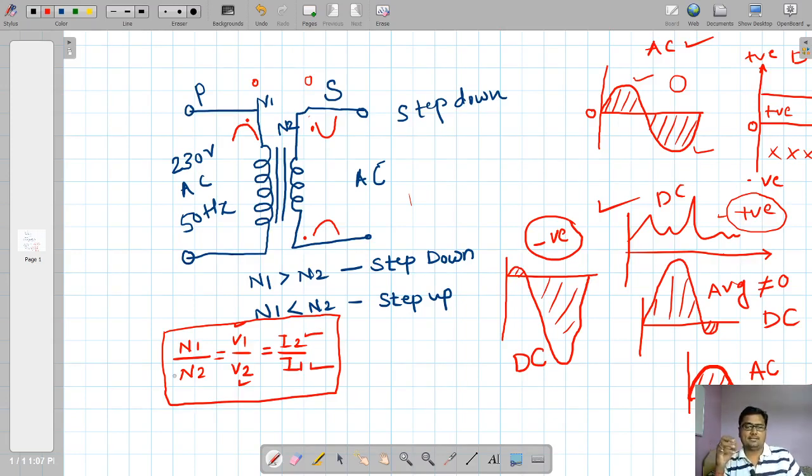Now, if I want to measure the secondary voltage of the transformer using a multimeter and using a CRO, what is the difference between measurement of output voltage, that is secondary voltage, using a CRO, and measurement of secondary voltage using a multimeter? In the next lecture, we will understand the measurement of secondary voltage by two different equipments or devices.